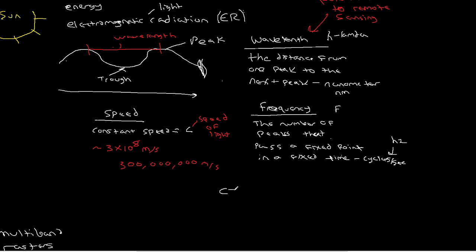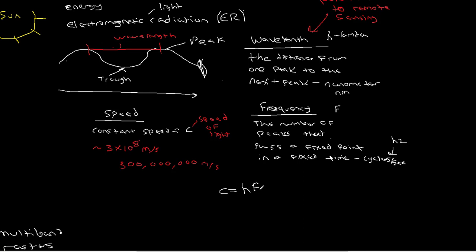That is a constant, so c can never change. We get that speed by multiplying the wavelength times the frequency.